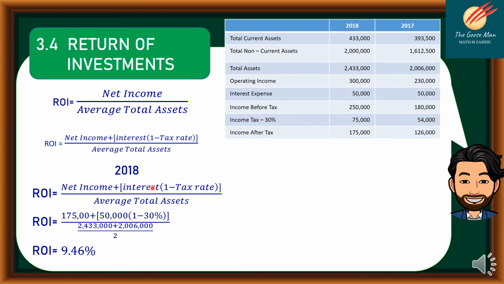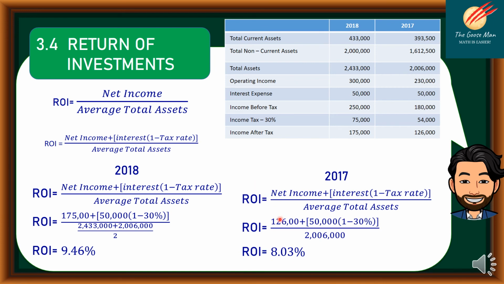If we compare this to 2017, we have 126,000 as the net income, which is the income after tax, plus 50,000 still as our interest expense, and our rate is 30%.